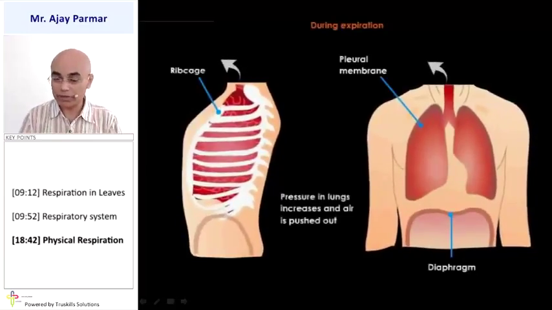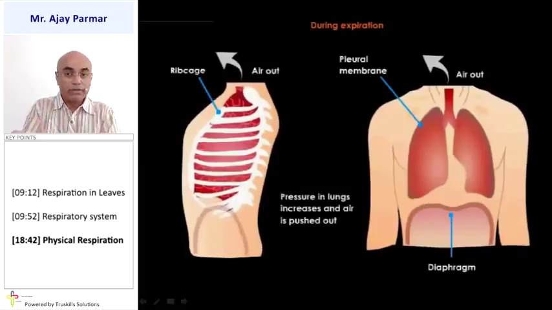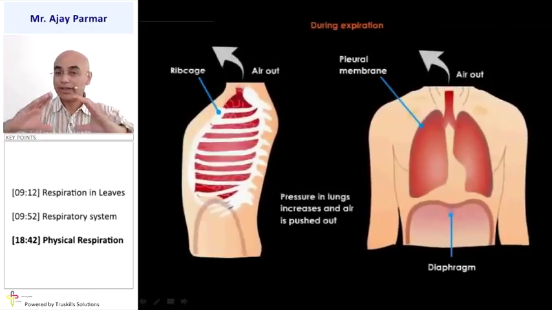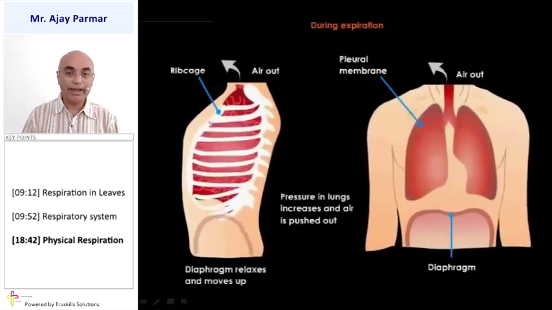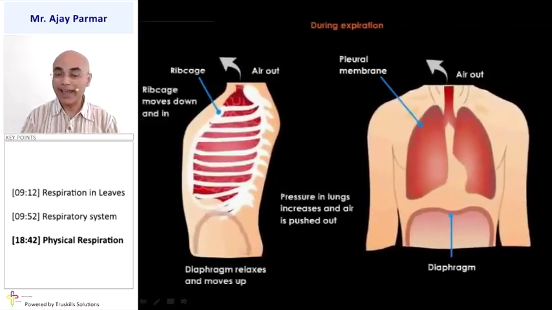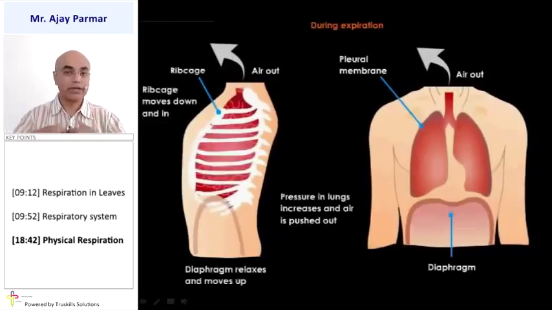But during expiration, the diaphragm moves up, which means there is a decrease in the volume of the thoracic cavity. And due to that, the air which is rich in carbon dioxide is being given out. So that is expiration, or exhalation.